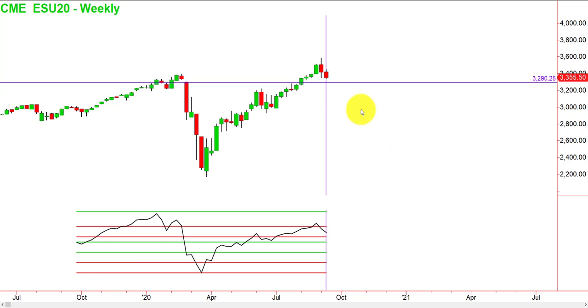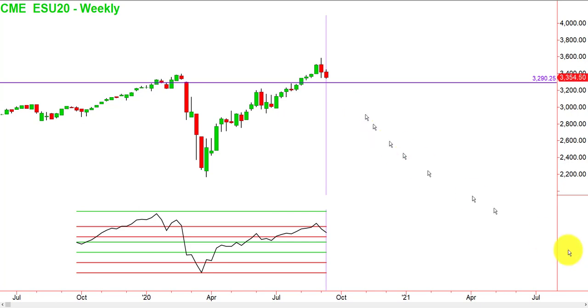All right, so now that we have the forecast of the current correction, an expectation that it should fall to the price of 3290.25, with the expectation that this should occur during this trading week, let's look at the daily chart to get some insight on how we would do step number 3, monitor the price action for a hit or miss on the forecast and be ready for a trade setup that fits your risk reward parameters.